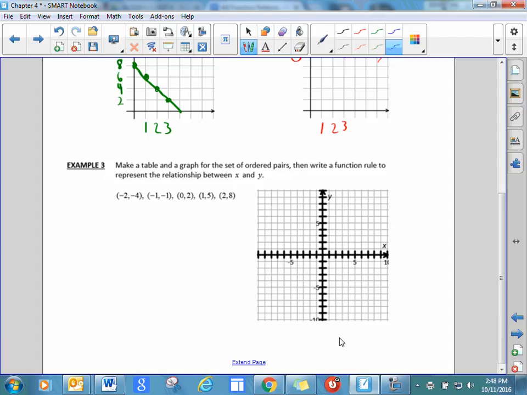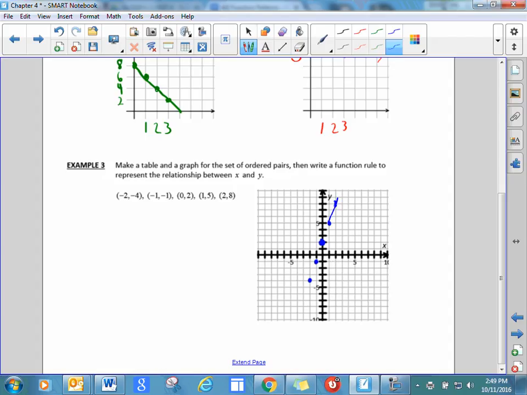If you go ahead and plot these points, you end up, I think, with that one right there. Let's see, -2, -4. I'll try to do this real quick. -1, -1, 1, 5. And it's going up pretty steeply. 6, 7, 8, about right there.